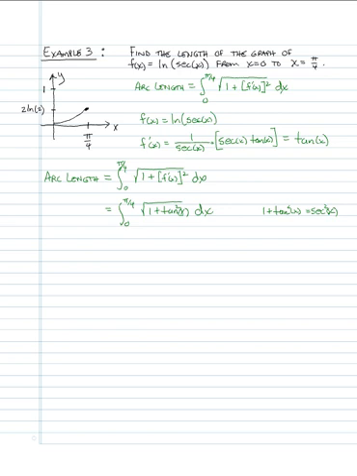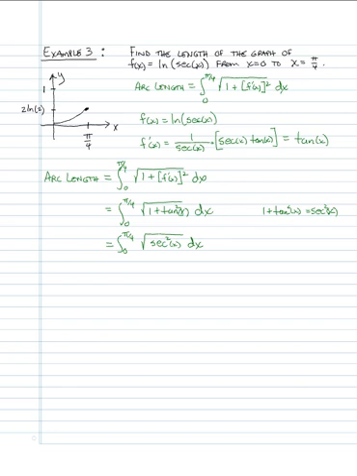In fact, we ought to be able to take the square root of secant squared x, shouldn't we? So this is the integral from 0 to pi over 4 of the square root, where we're replacing 1 plus tangent squared x with secant squared x.